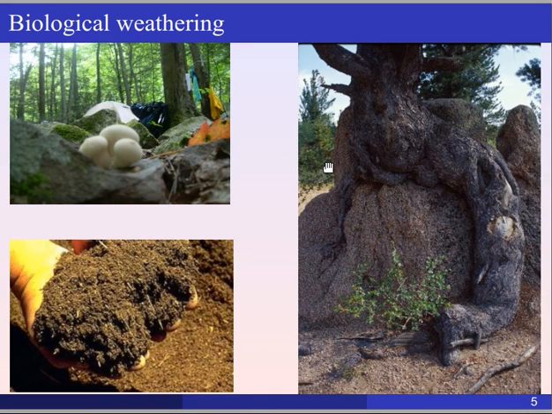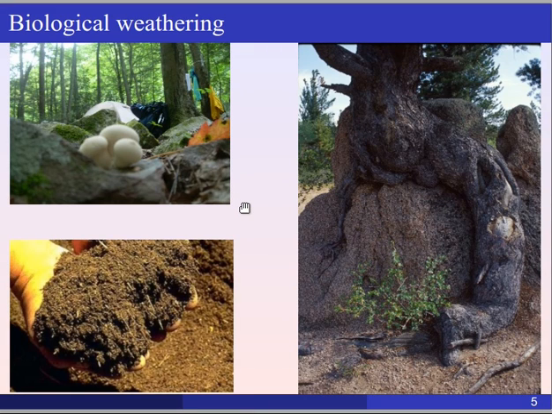We also have biological processes, and they're really important in the soil for breaking down organic material, decomposing it, converting it into forms that we can use for further life. So we've got mushrooms and decomposers, microorganisms that live down in the soils. Sometimes you even see things like trees growing out of rocks, which will gradually break the rocks apart as well. So life converts the rocks into forms that can be used for further life.